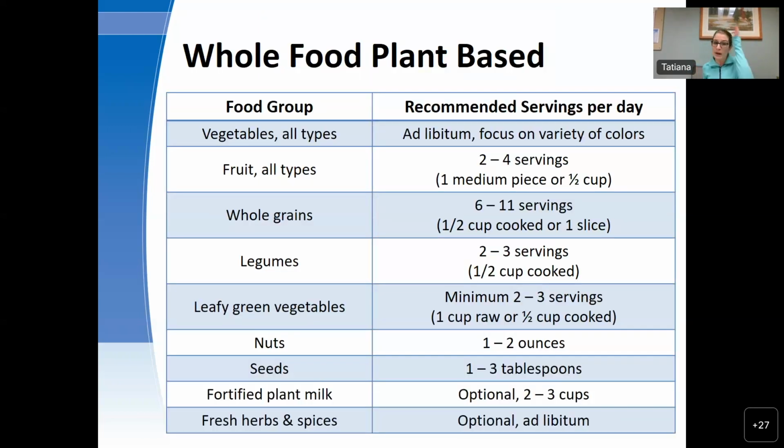So what are the recommendations? The beauty of a whole food plant-based eating pattern is that it doesn't require calorie counting, okay? It really just encourages the right mix and match of these different whole food groups that you can see listed there. Now, I will preface this with, for folks that are not on any type of insulin dosing based on carbs, there's no carb counting either.